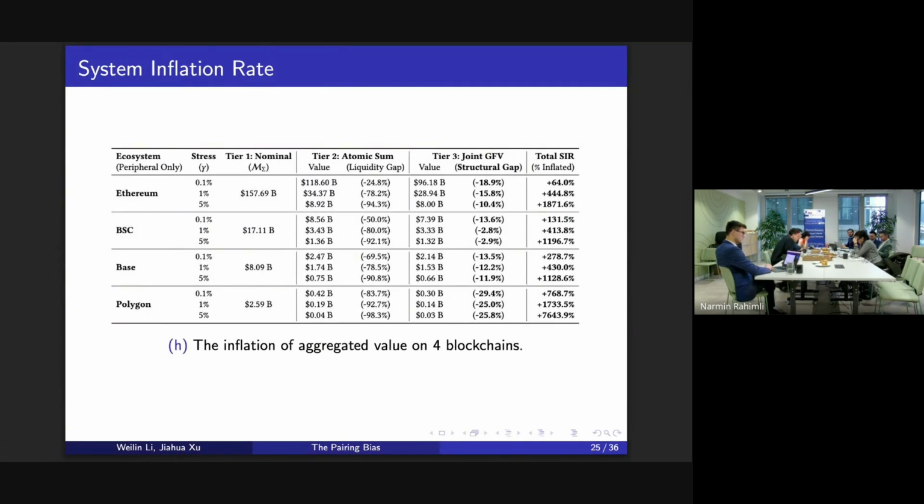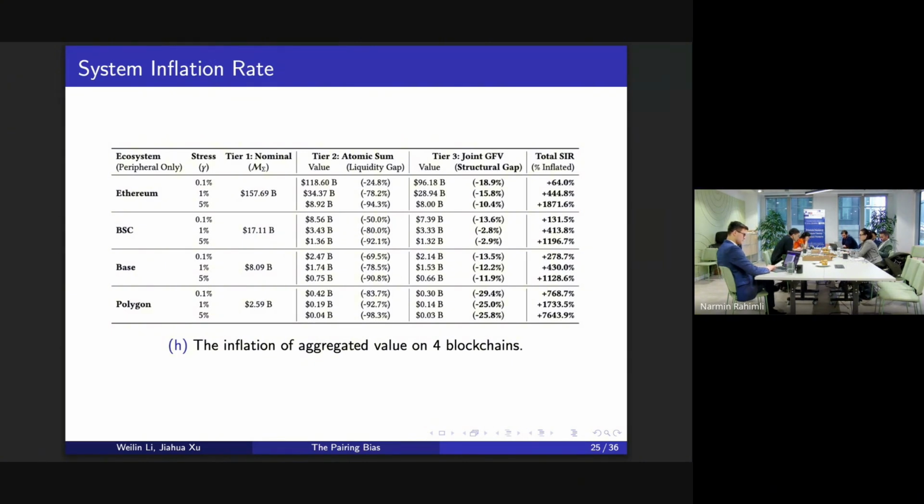Here are some empirical results. We compared the standard metrics, like the market cap shown by CoinGecko, for example, with the number we calculated from our GFV solution. And we can see there are three tiers. From tier 1 to tier 2, tier 2 means you sell the tokens one by one, without restricting the liquidity bottleneck. You just want to see how much slippage there is.